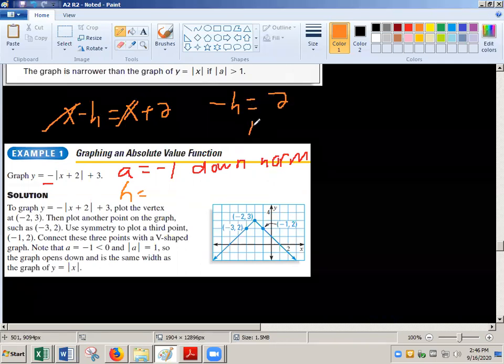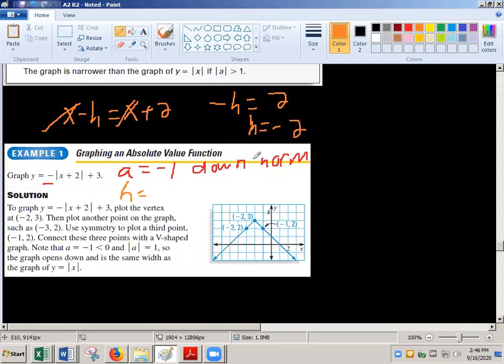Divide both sides by -1. h equals -2. So again, just showing you the math there of why it is opposite. So here my H value is -2. What that means is I'm going to shift to the left 2.